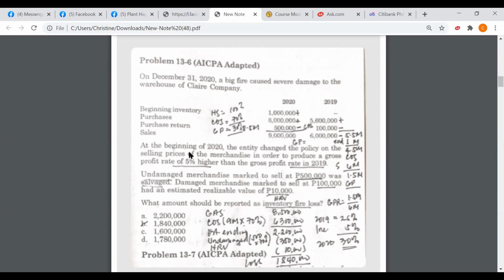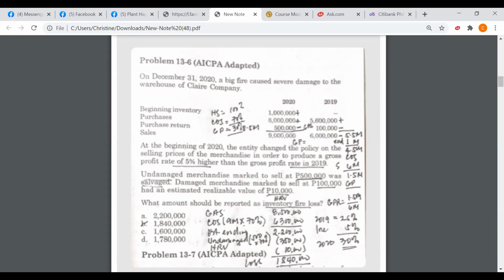And we want a 5% increase in 2020, so our 2020 rate must be 30%. So using this now, if our gross profit is 30% and our net sales is 100 because it is assumed to be on sales, then our COS rate must be 70%.